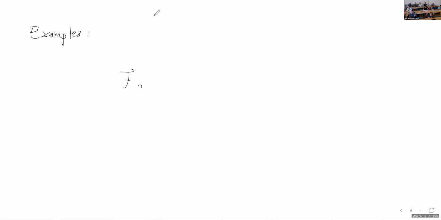Let's say you have this free star algebra, and then you can build a category where your objects are pairs like that, where you have a Hilbert space representation here. And then a morphism between these two objects, you just ignore the representation.